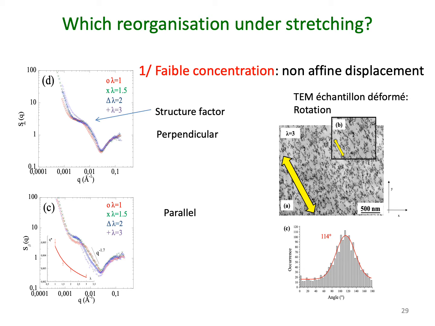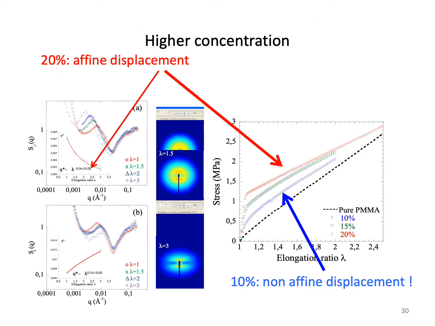On the right, you can see an electron microscopy image of a sample which has been stretched and then cut to do the electron microscopy observation, and you can see clearly that the different aggregates have been oriented by the stretching along the stretching direction.